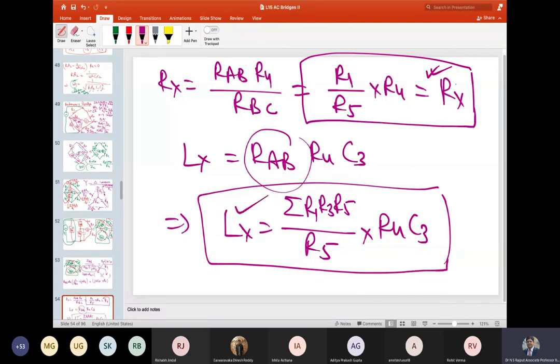So unknown resistive component, unknown inductive components we have been able to calculate. So in this way, we finish the part of bridges where we wanted to cover something special, right? So now we understand, we have read about 4 or 5 different varieties of bridges, right?